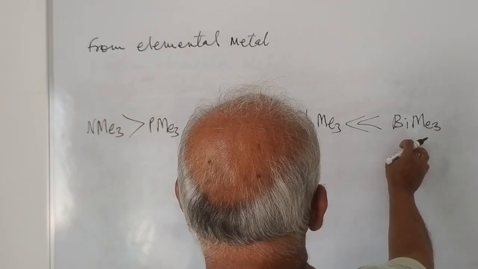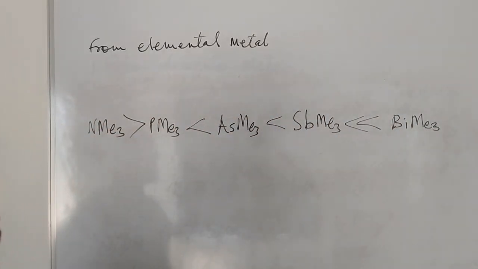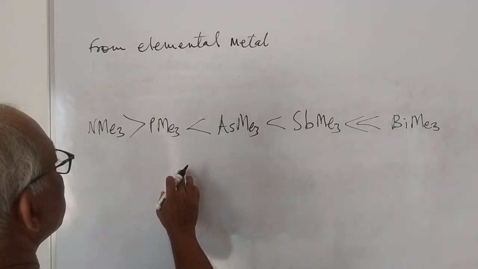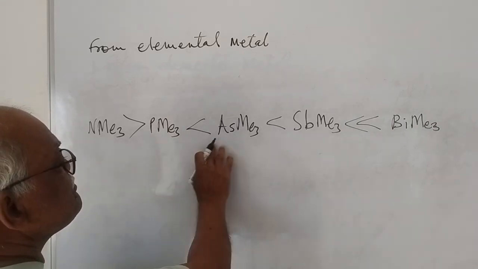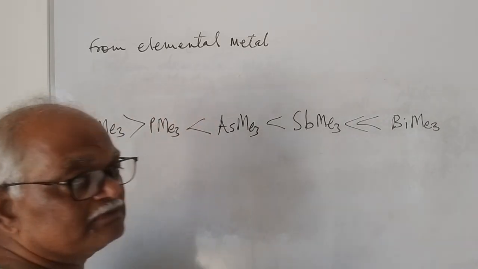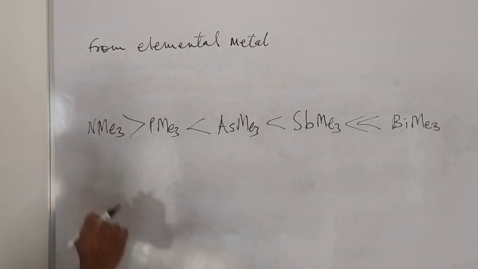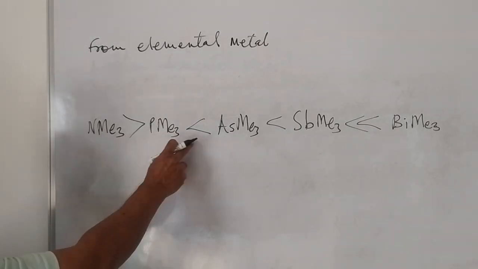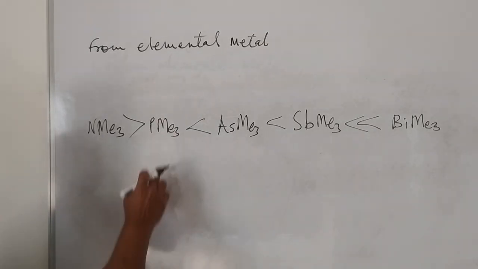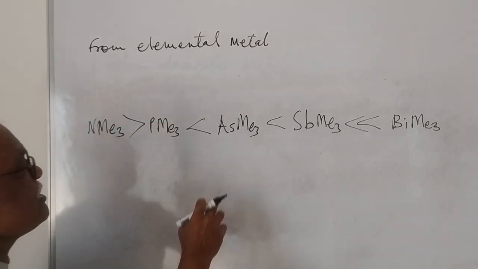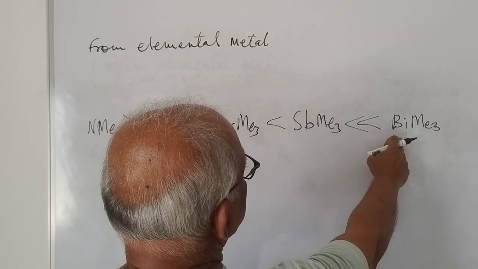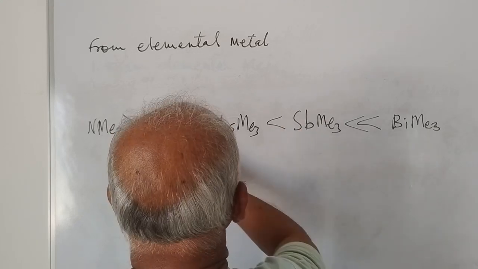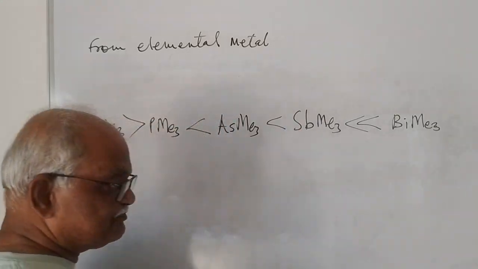So the driving force is very high in the case of BiMe3, or in short, the driving force increases as a general trend as we move down in the same group. So if we take this group of nitrogen, phosphorus, arsenic, etc., the driving force is found to increase from arsenic or phosphorus to bismuth.